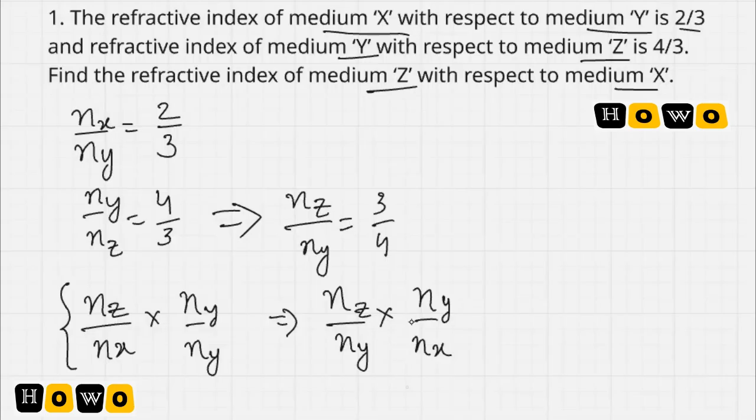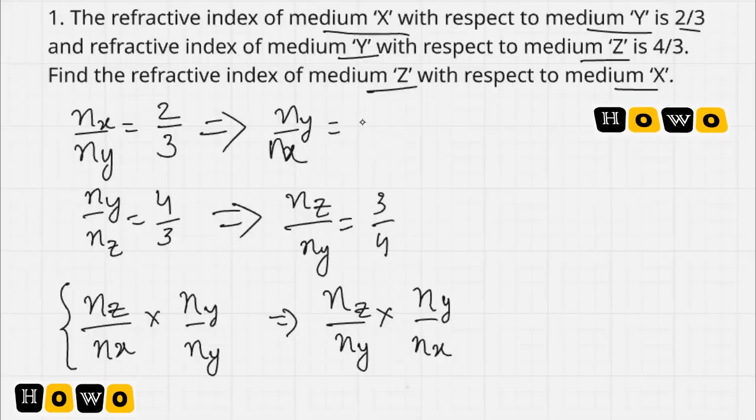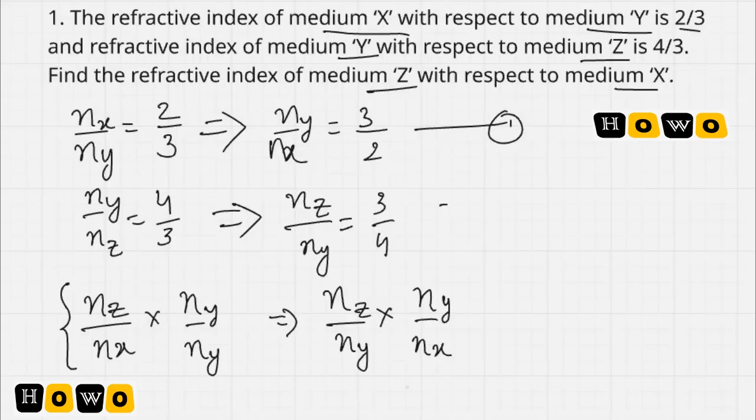Similarly, refractive index of Y upon X can be taken out from this part, that is refractive index of Y upon X. We are just inverting it. It will become 3 by 2. Now from 1 and 2, I can put values here.